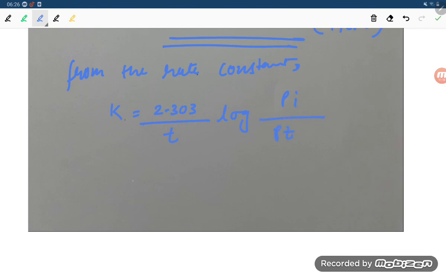So 2.303 upon 100 seconds, log of P initial 0.5 upon 0.476. If you solve it out, our answer is 4.92 into 10 power minus 4 second inverse. This is our required answer.